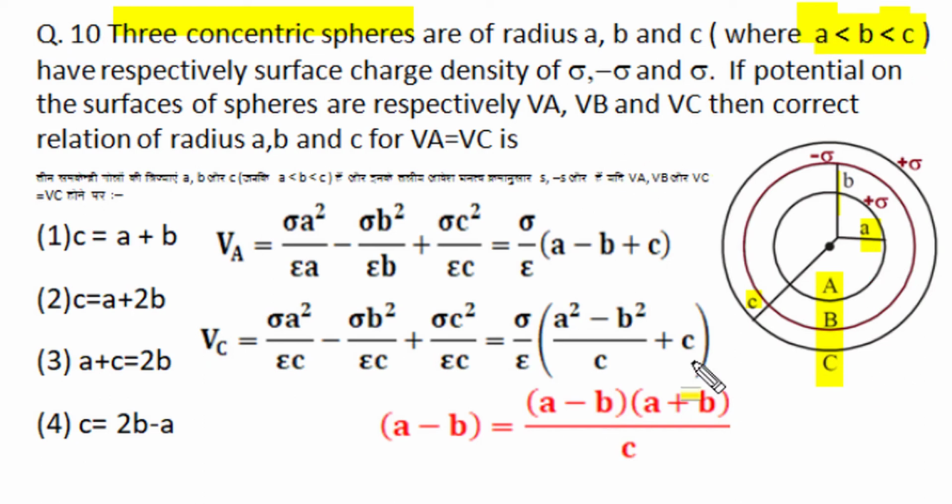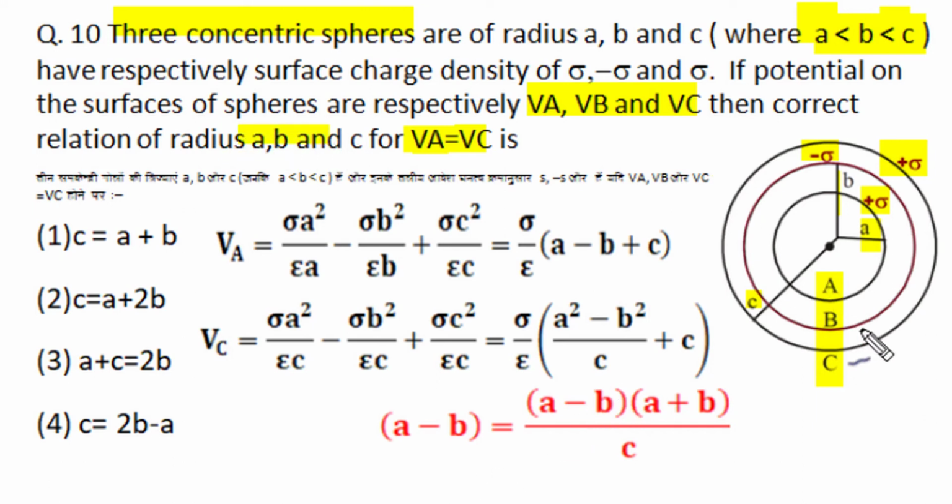They have surface charge densities respectively plus sigma coulomb per meter square, minus sigma and plus sigma coulomb per meter square. The potentials on the surfaces of the first sphere A, second sphere B and third sphere C are respectively VA, VB and VC. If the potential of sphere A surface and sphere C surface is equal, then we have to find the correct relation among the three radii A, B and C.